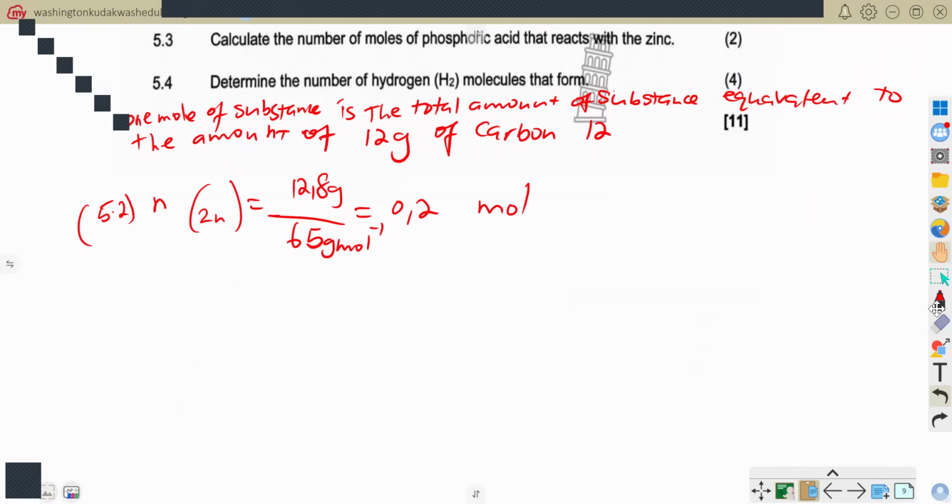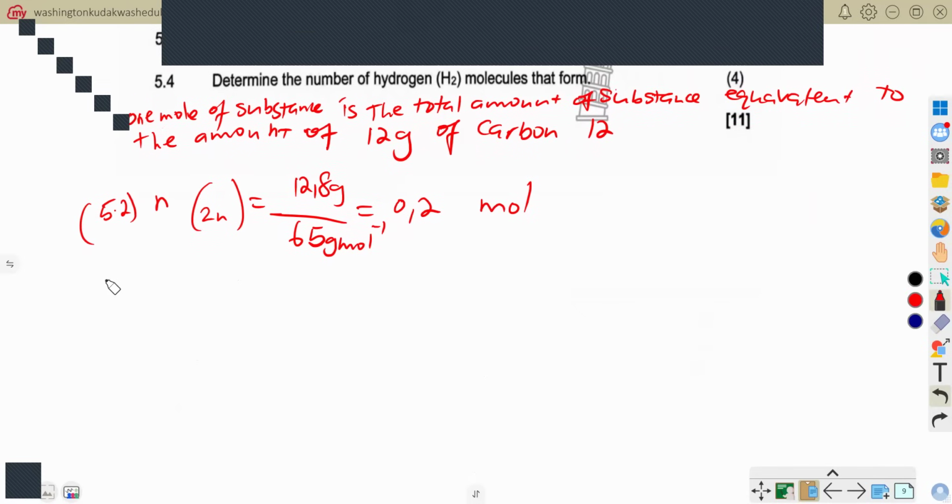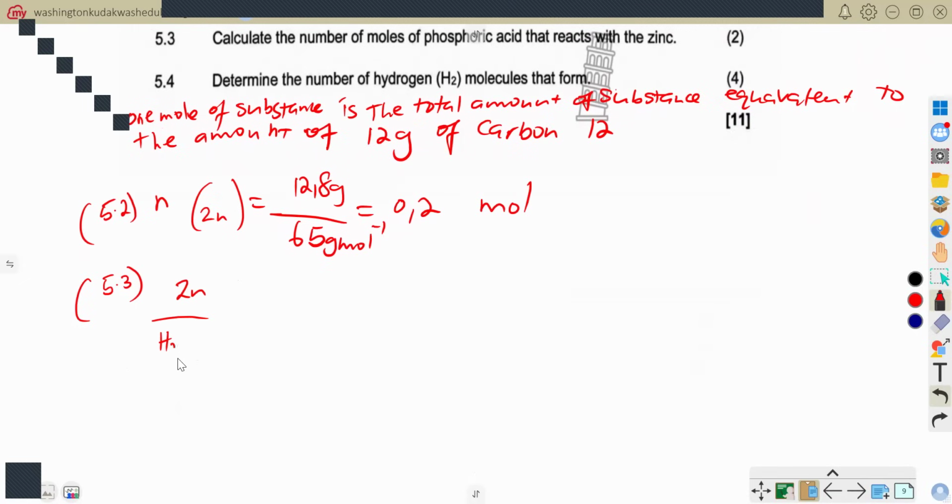So for 5.3, for the zinc and phosphoric acid, the molar ratio there is 3:2. I know the number of moles of zinc is 0.2. What about the number of moles of phosphoric acid? That would be x. For me to find x, I make x the subject, so I will cross multiply here.